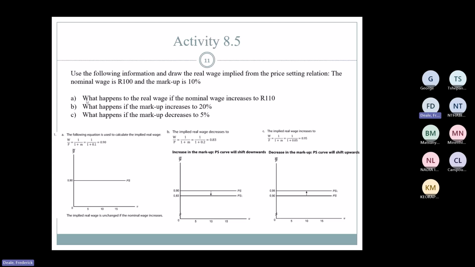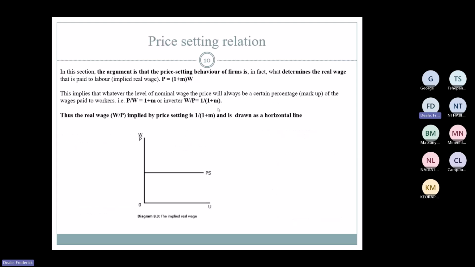So the assumptions we're making: the nominal wage is equal to 100 and the markup is 10%. First of all, what happens to the real wage if the nominal wage increases to 110? Remember your formula for the real wage. Real wage is equal to W over P. It's 1 divided by 1 plus the markup.